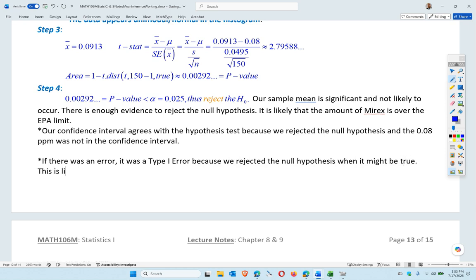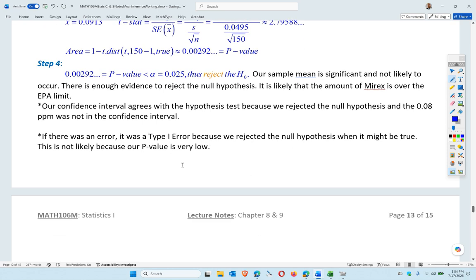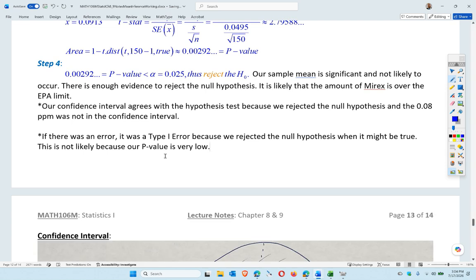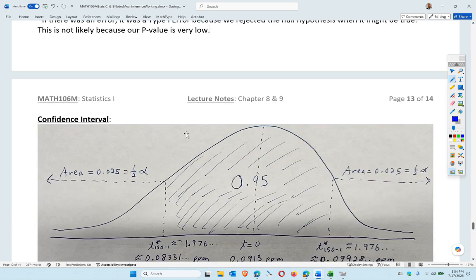This is not likely because our p-value is very low. So in comparison, probably not. Could it happen? Absolutely. Likely? Probably not. Okay, let's look at our comparisons here.